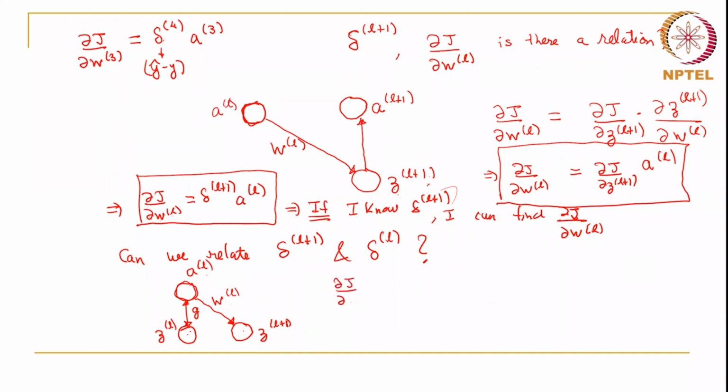Del J del ZL is equal to del J del ZL plus 1 multiplied by what? Del ZL plus 1 del AL multiplied by del AL del ZL. Is this acceptable to everyone?